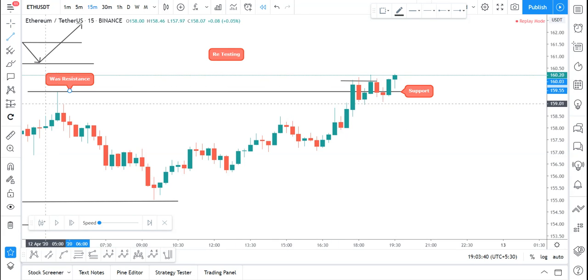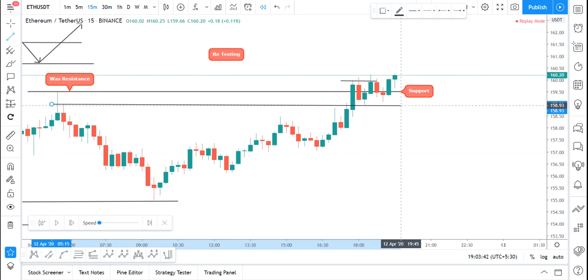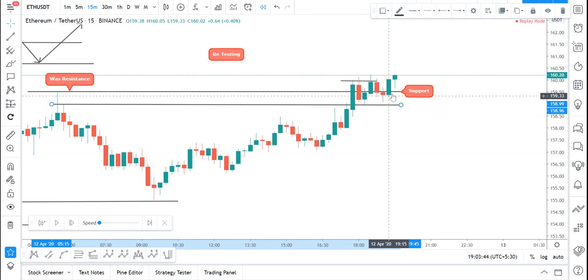Let's say we can put a line like this. This is the 12th April 1930 candle. So you can put a stop loss at this point.